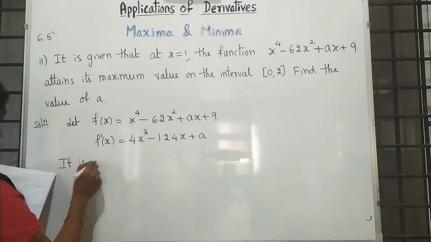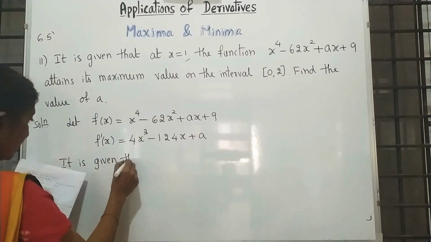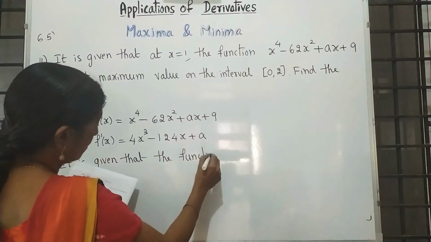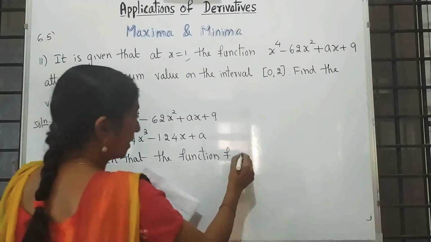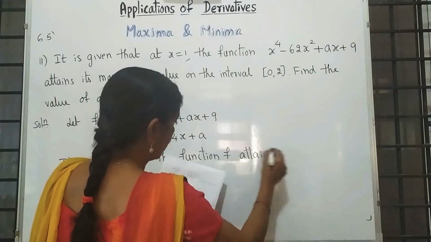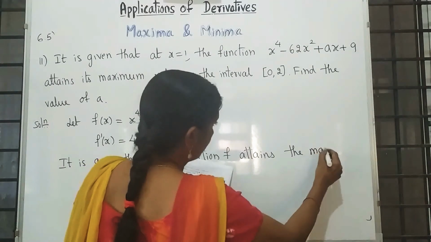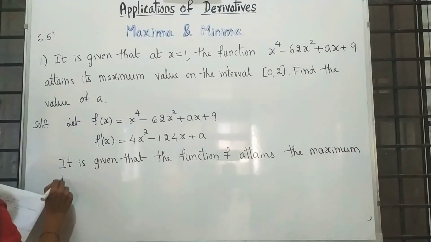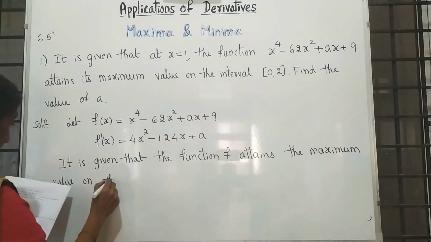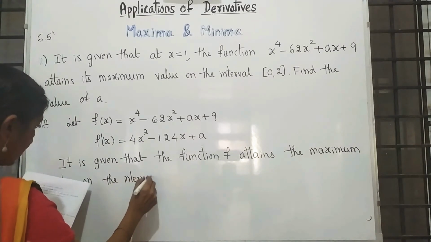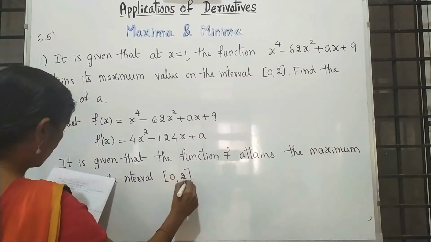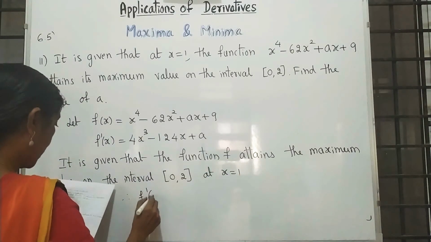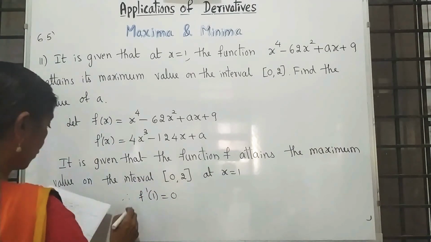It is given that the function f attains the maximum value on the interval 0, 2 at x is equal to 1. That is f dash of 1 is equal to 0.